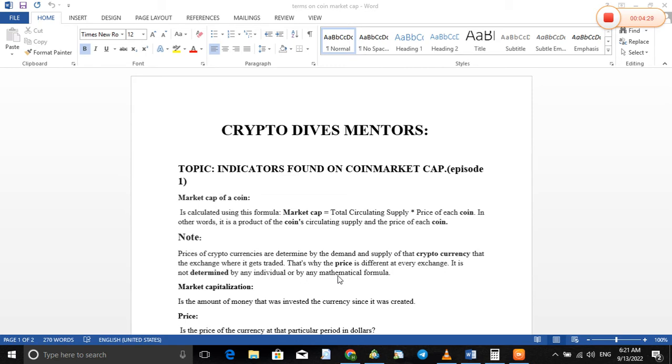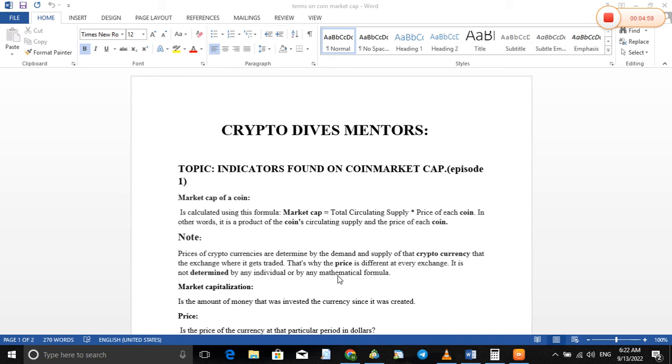Due to the demand and supply for every exchange, and also due to the users who signed up with that particular exchange, you find some exchanges differ in prices. You find Bitcoin is at 20,000 on BINANCE, but you find Bitcoin on Huobi is at 21,000 US dollars. So prices differ on different exchanges because of demand and supply.